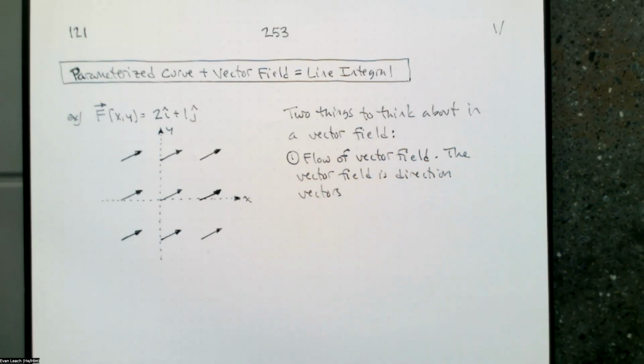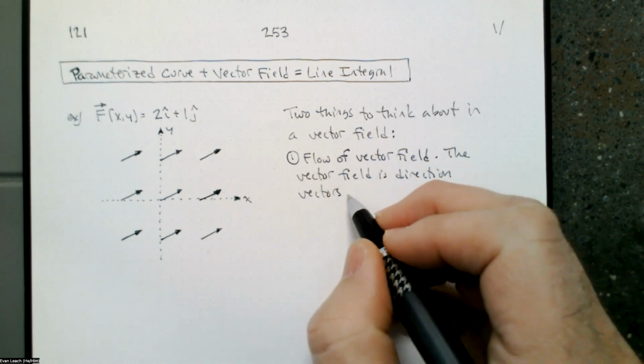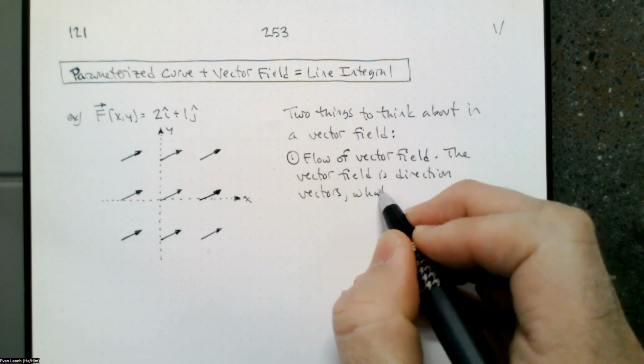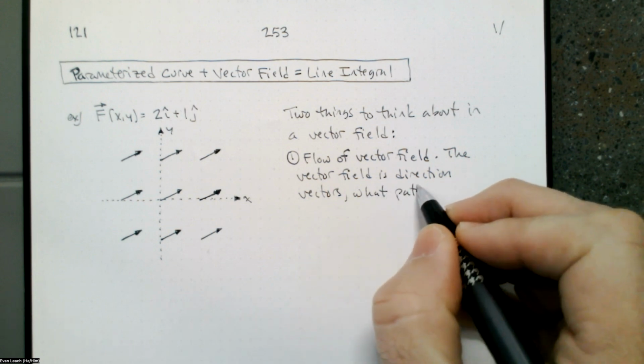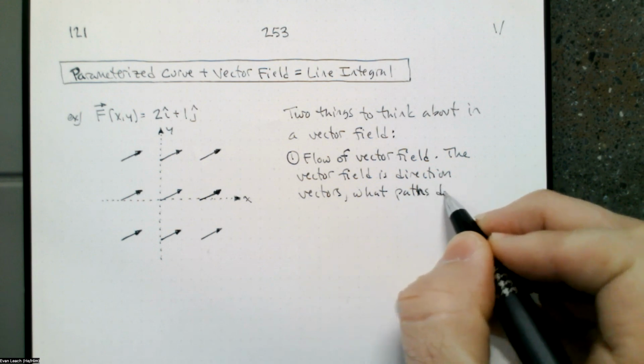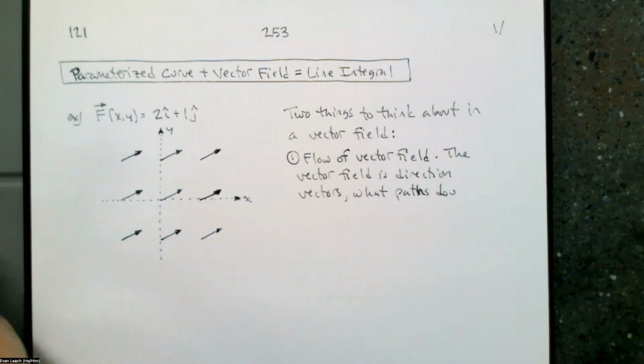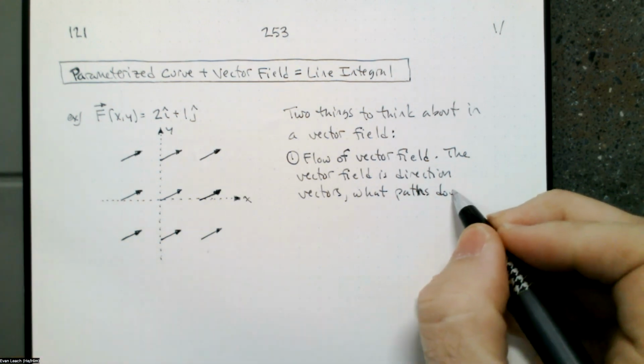What kind of paths do we create? What kind of paths does the vector field create?